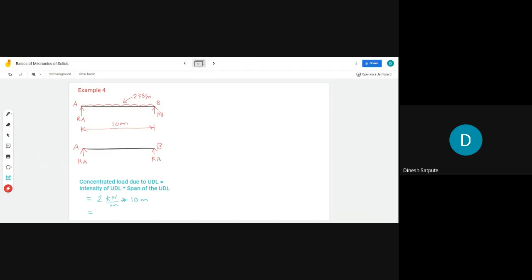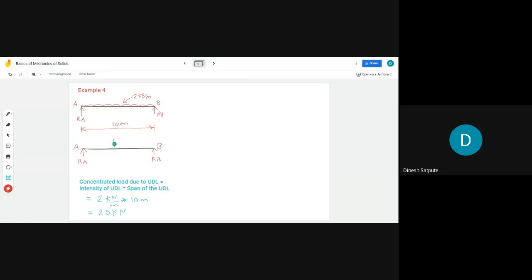So 20 kilonewton will be the value of the concentrated load, acting at the midpoint of the beam, or at the midpoint of the span of the UDL. The midpoint is at 5 meters from the left end or 5 meters from the right end, whichever you say.